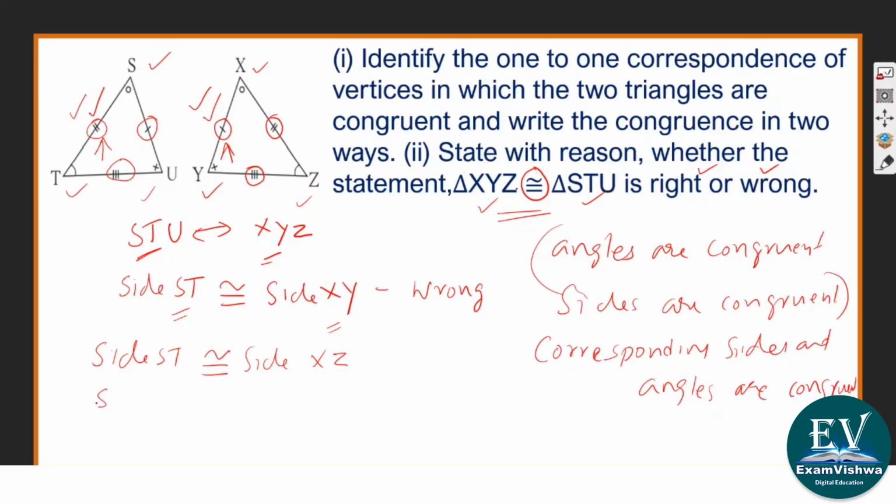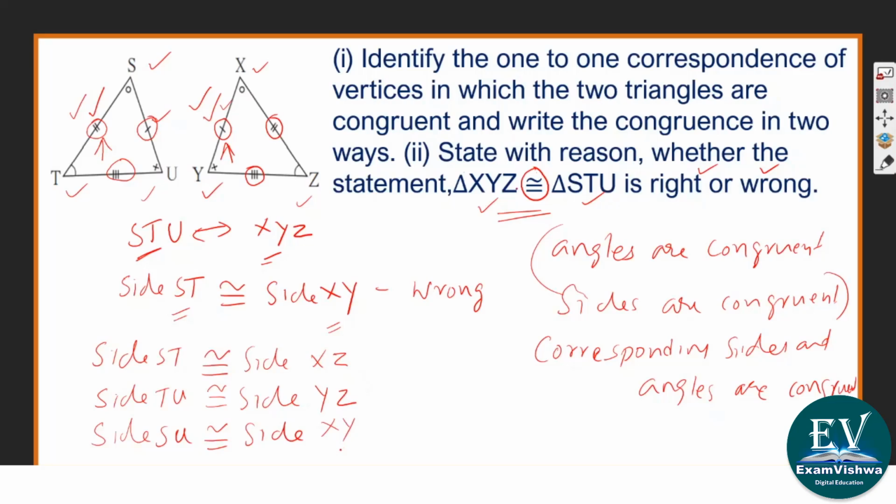Then side, look at this, TU is congruent to side YZ, no problem. Then which side is left? SU. Side SU is congruent to side XY, only one mark here.